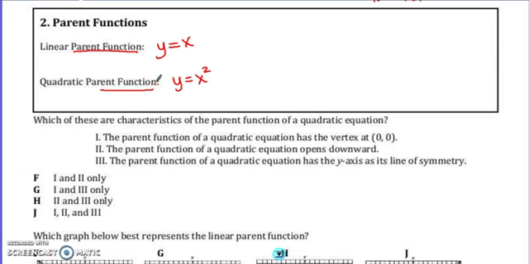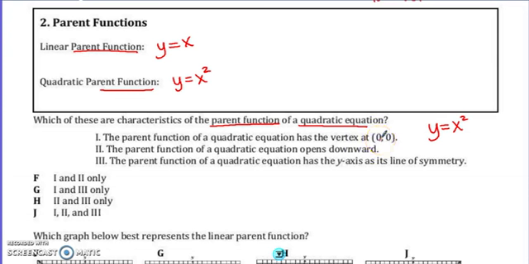Okay? And we're going to use our calculators and answer some of these questions. So the first one says, which of these are characteristics of the parent function of a quadratic? So automatically to the side, I need you to write y equals x squared. And it says the parent function of a quadratic has a vertex at 0, 0. Well, maybe you don't know. Well, that's fine.